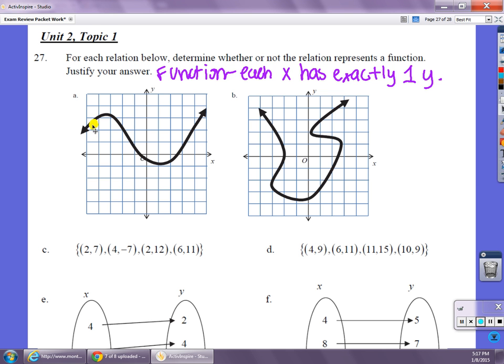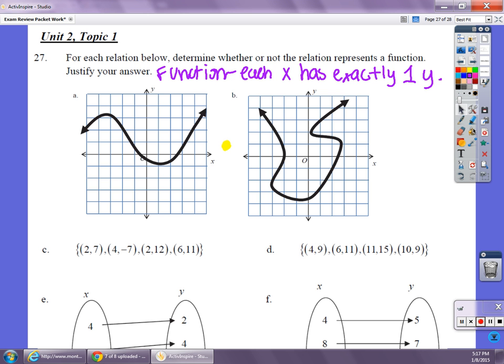I want to see, do any of these x values have more than one y value? If I put a point here, then yes, this would have more than one y value. If I put a point here, then right here we'd have more than one y value. But nowhere along this function do we have an x value that repeats itself.